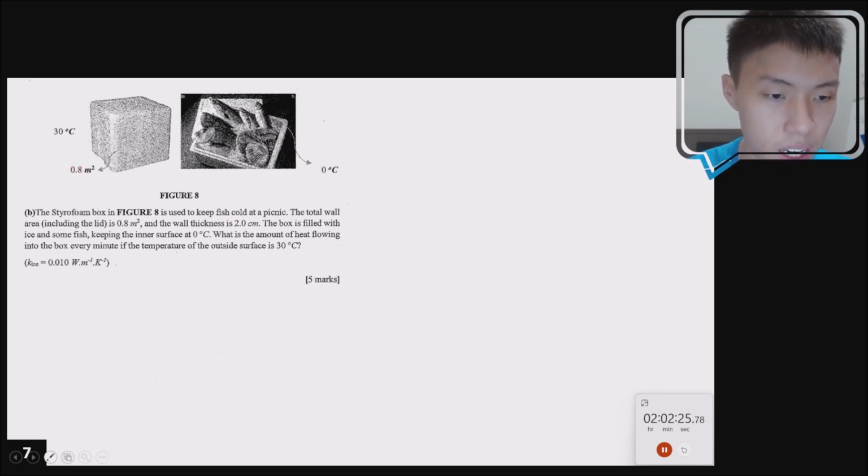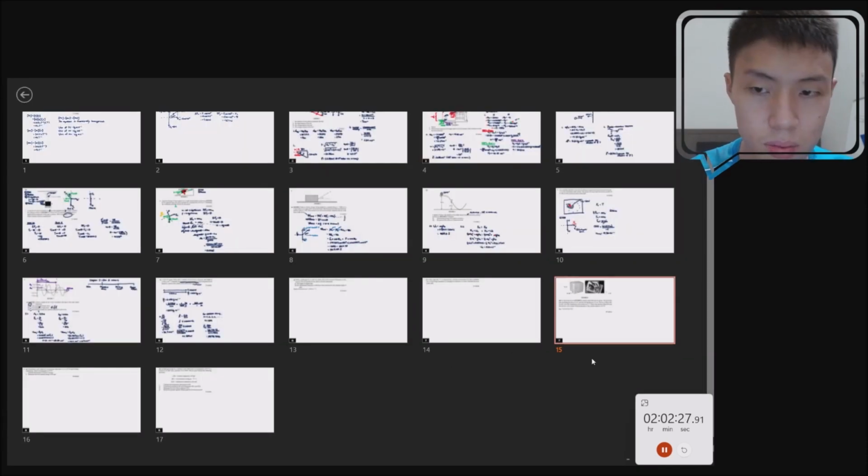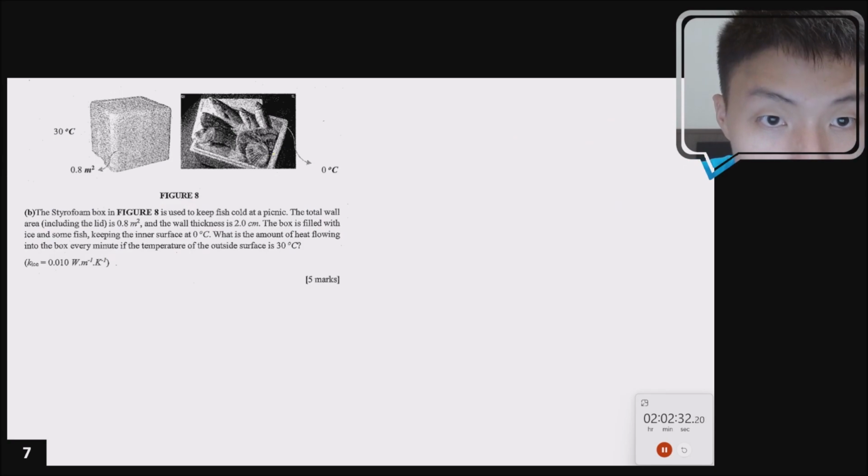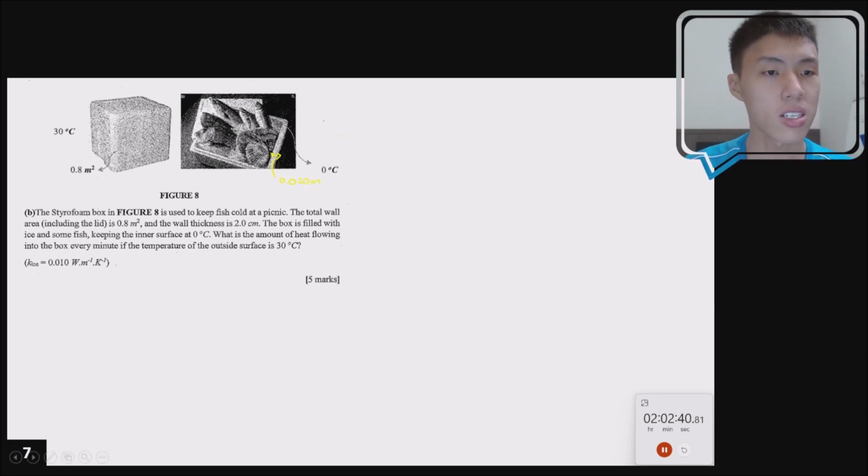Then let me label this one as 0.020 meter. The box is filled with ice and some fish, keeping the inner surface at 0 degrees Celsius.